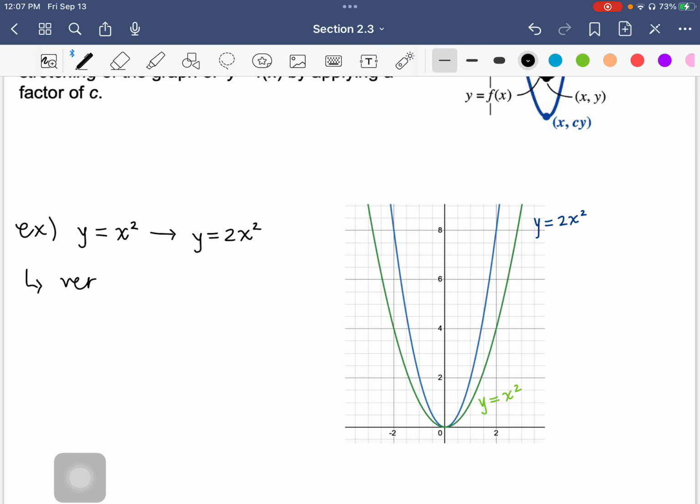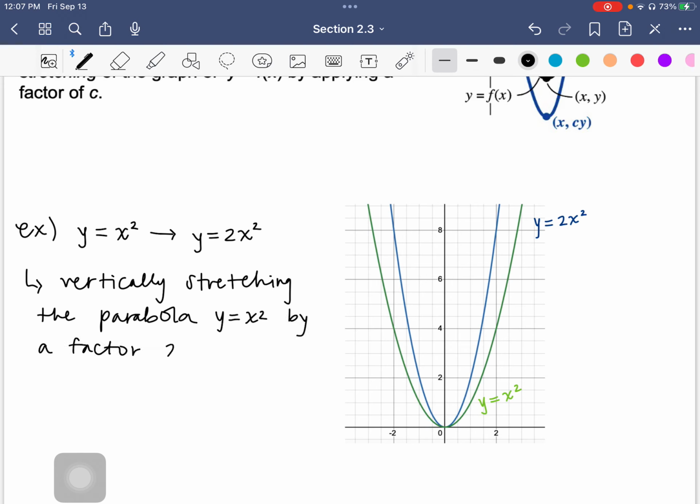So this tells us we're vertically stretching the parabola by a factor of 2.